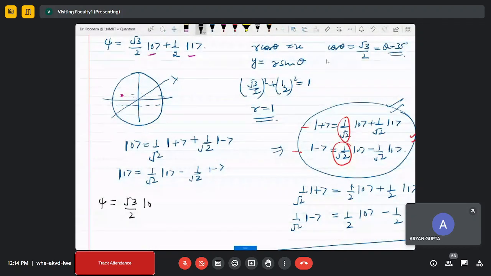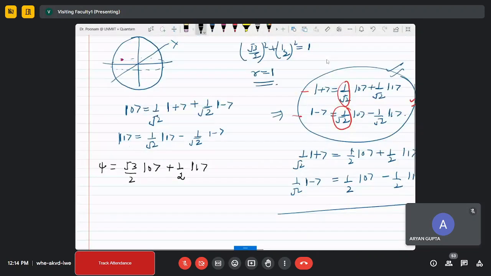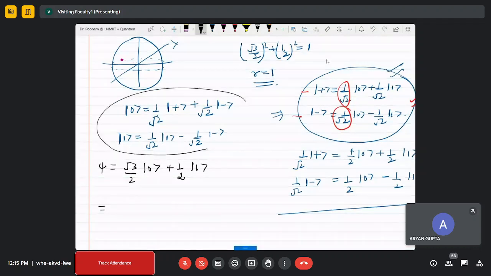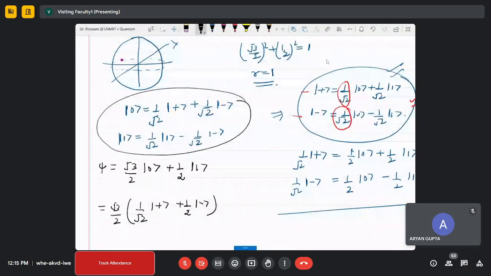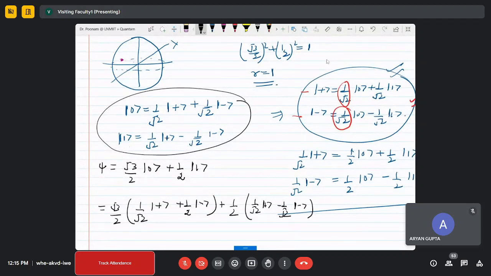root 3 by 2 |0> plus 1 upon 2 |1>. Now just substitute the values. You have got these values, substitute them. So it will be root 3 by 2 times 1 upon root 2 (|0>+|1>) plus 1 upon 2 times 1 upon root 2 (|0>-|1>). Solve this one.